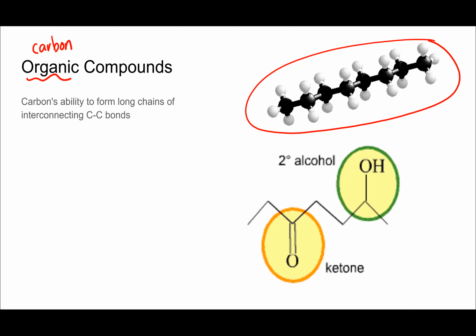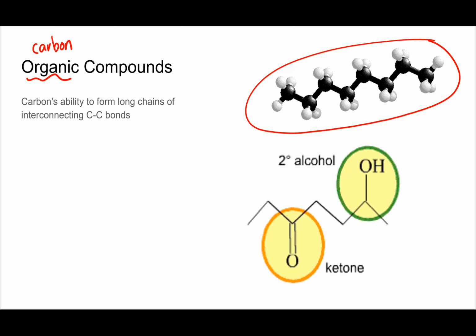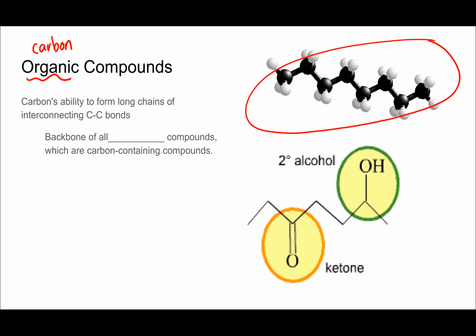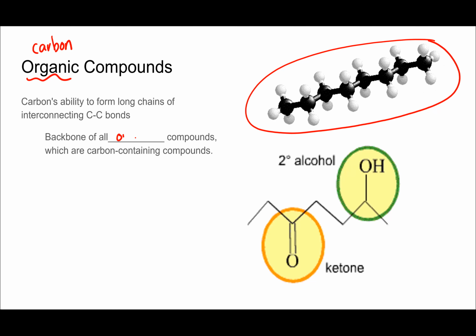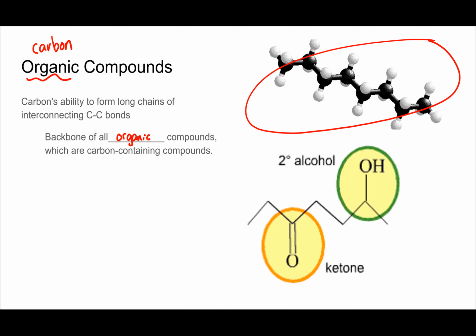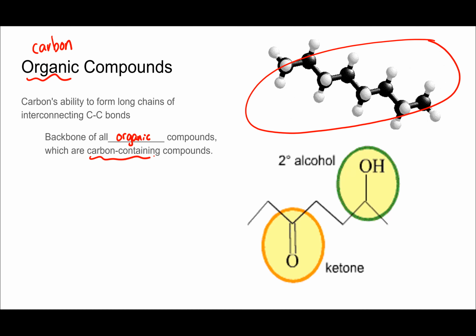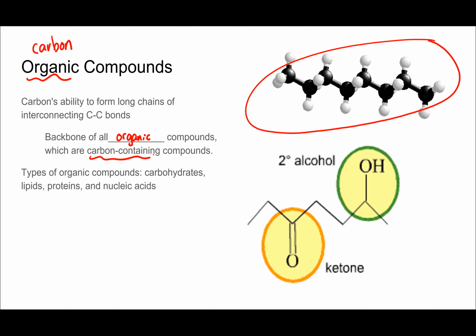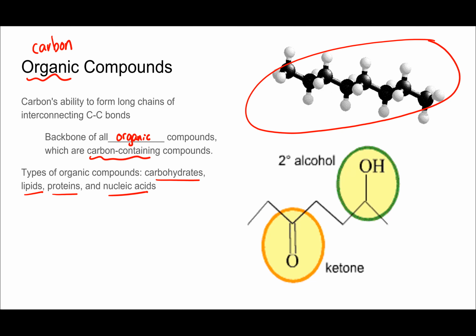Because of this ability to form bonds with other carbon, carbon is the backbone of all organic molecules, and all organic molecules are carbon-containing molecules. Types of organic compounds include carbohydrates, lipids, proteins, and nucleic acids.